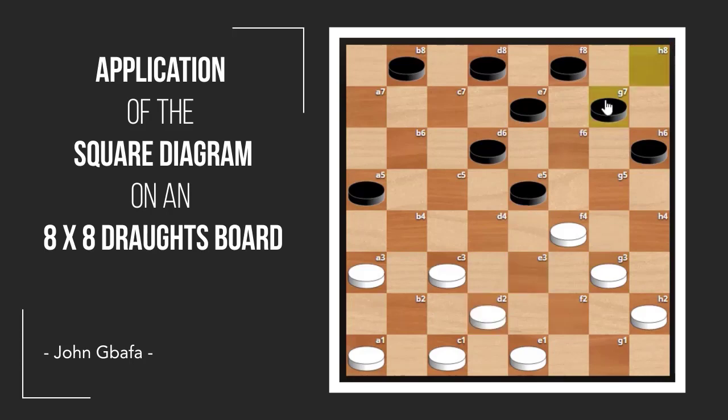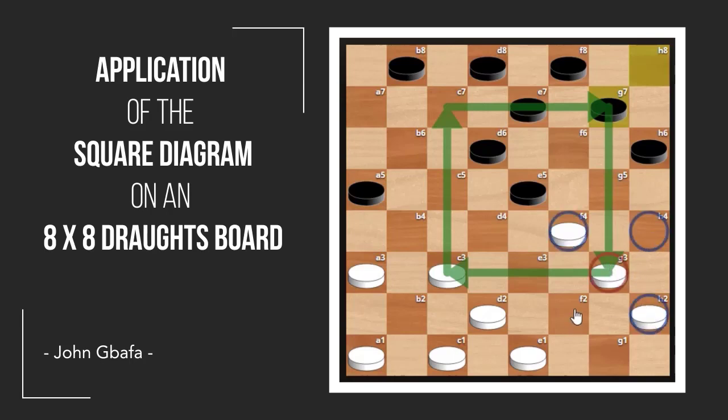If we depict the square diagram, we see the key squares surrounding the vertex at G3 are F4, H4, H2, F2. And that of C3, we have B4, D4, D2, B2.